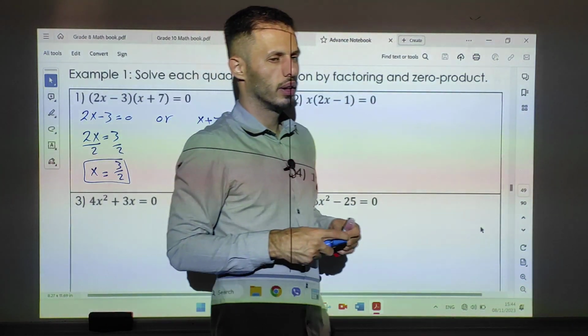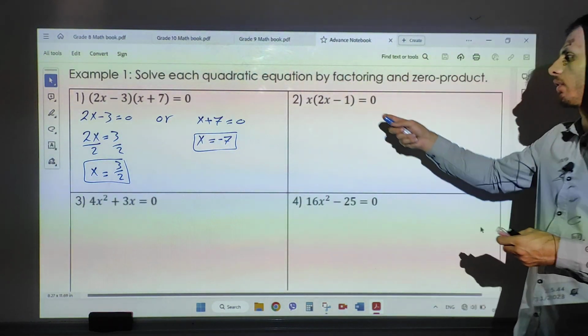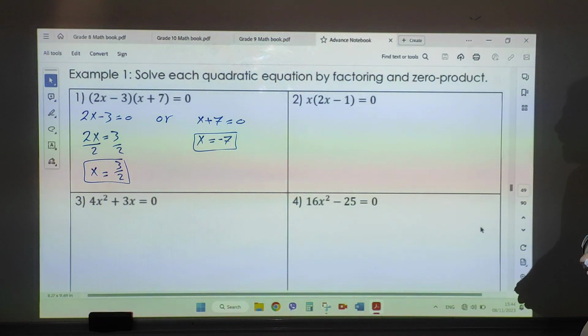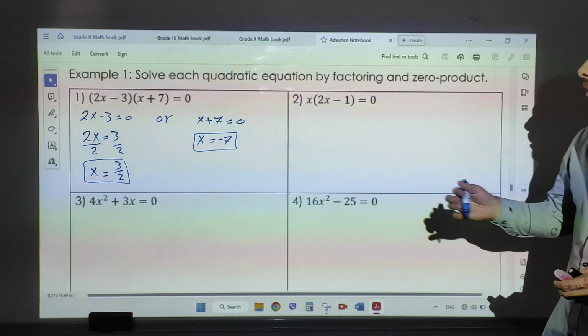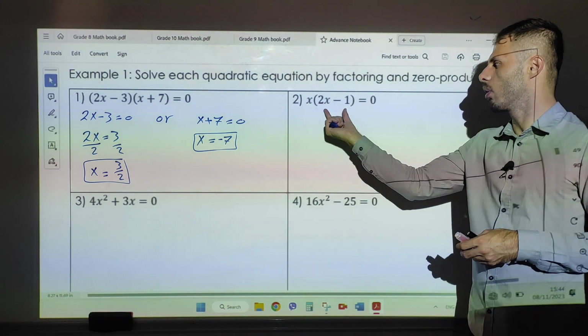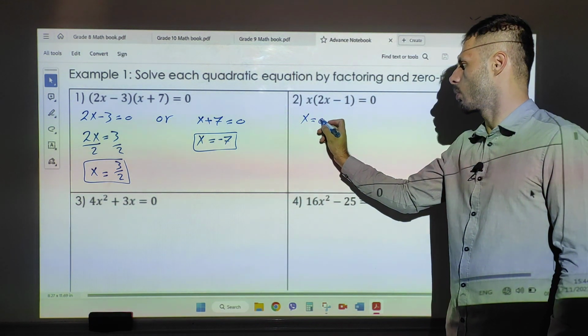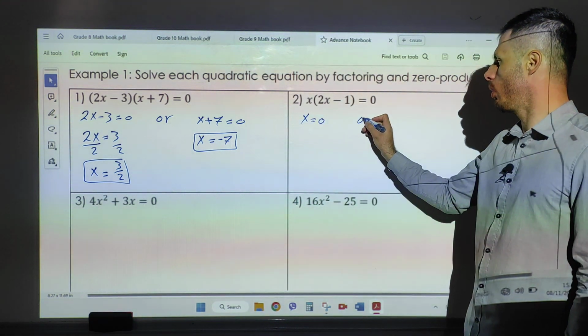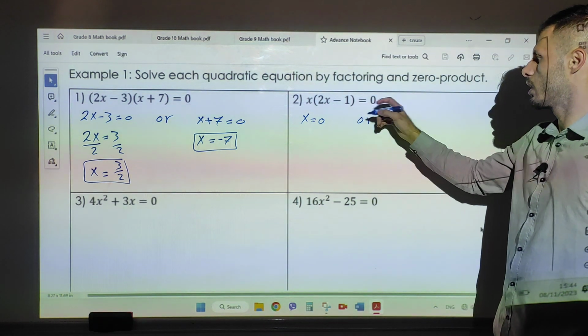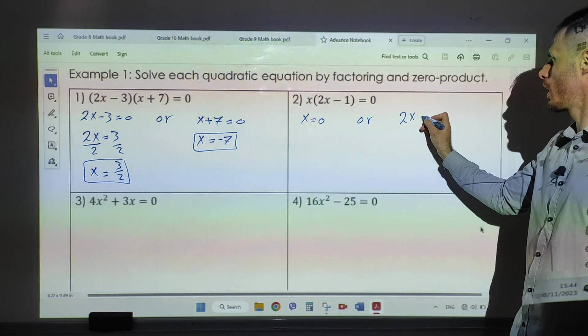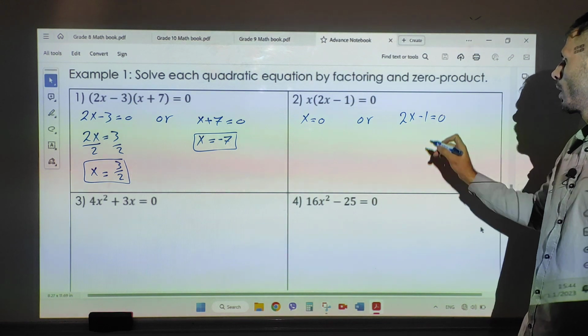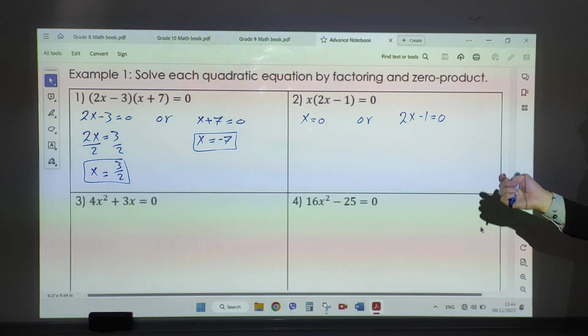Then for the other one, which is already factored, x multiplied by this bracket, we will say this part equals 0 or this part equals 0. x equals 0, which is directly the result, or this part is 0, 2x minus 1 equals 0. Always you think about the multiplication.